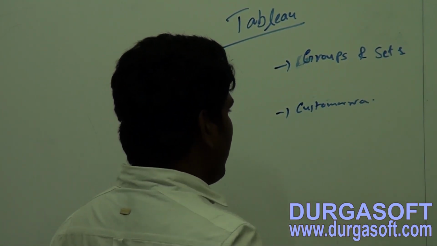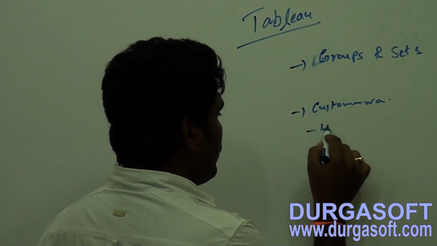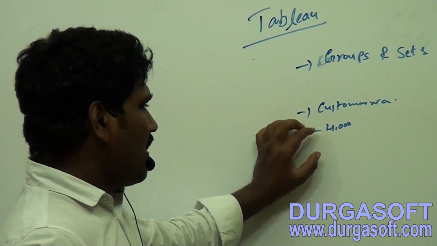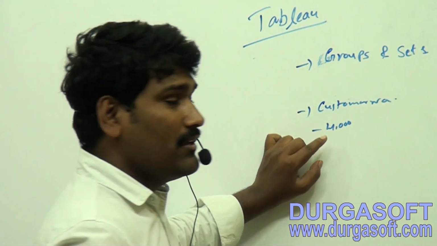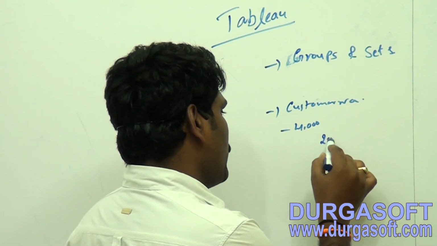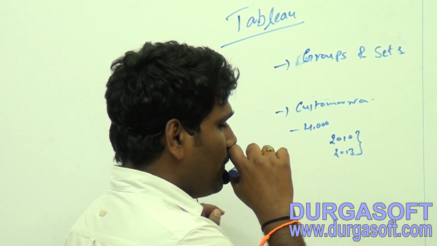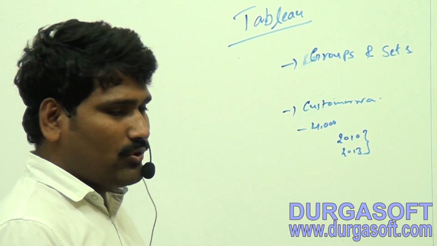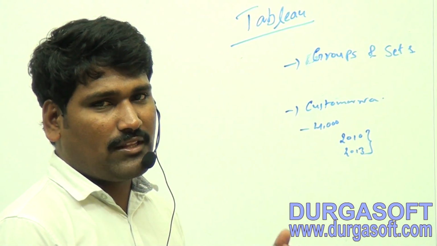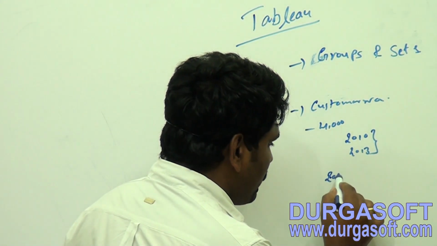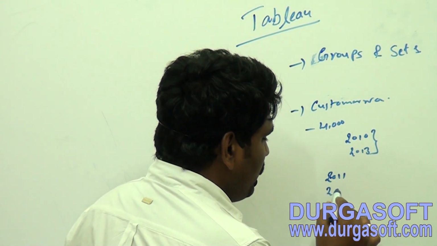Now I have customer names, almost 4000 records, from 2010 to 2013. So here I want to know who are the customers who have been in 2011 and 2012 also.